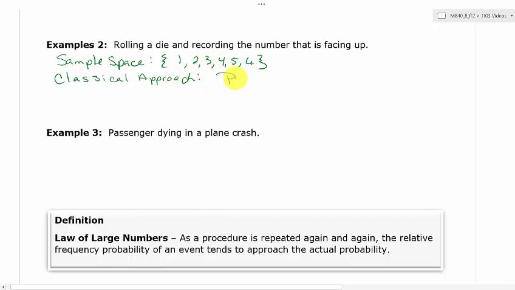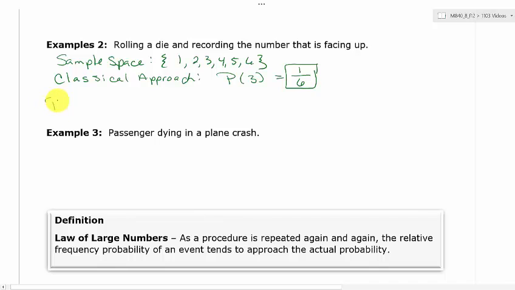If we want to talk about the probability of rolling a 3, you look at your sample space, and there's only one way to throw a 3, it's throwing a 3. And there's a total of 6 different outcomes in the sample space. So that would be 1/6. The probability that you would roll a 3 is 1/6.